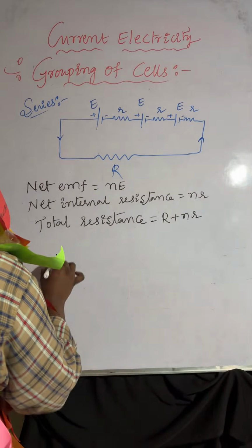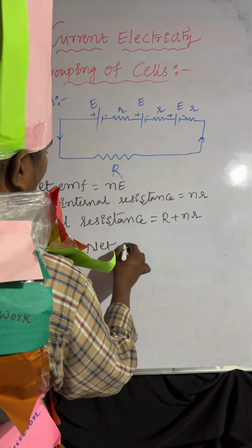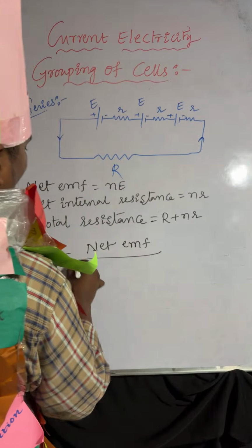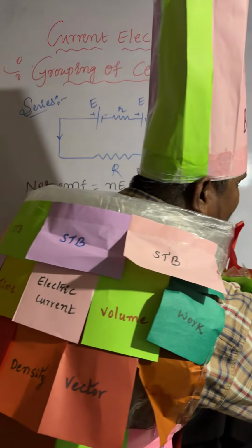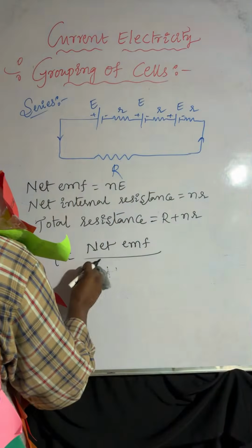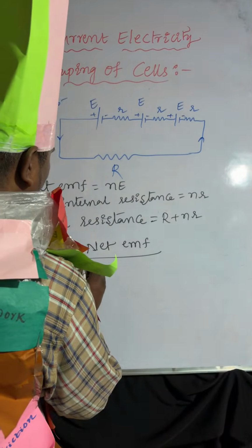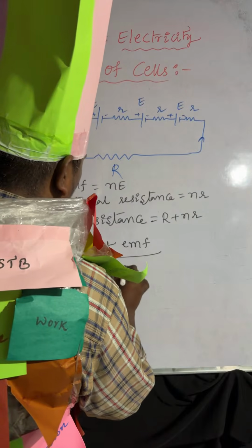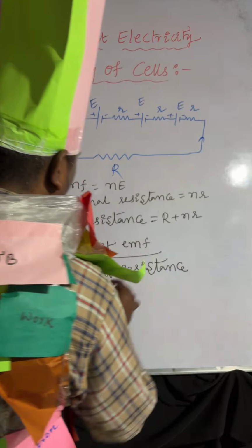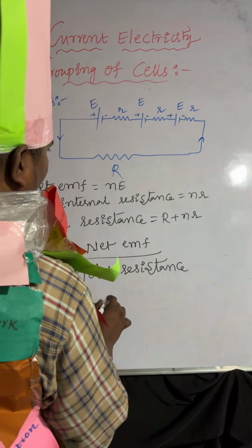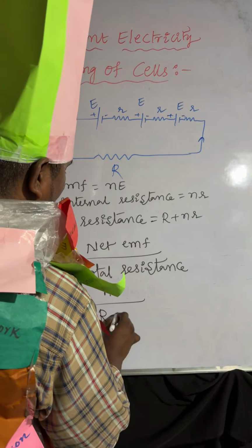Now current equals net EMF by total resistance. Understood or not? So I equals NE by R plus NR.